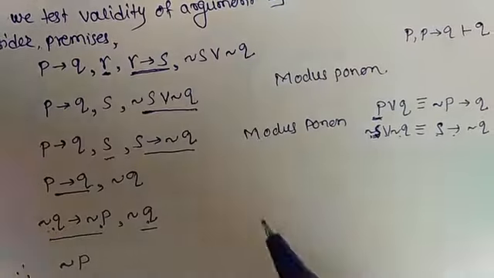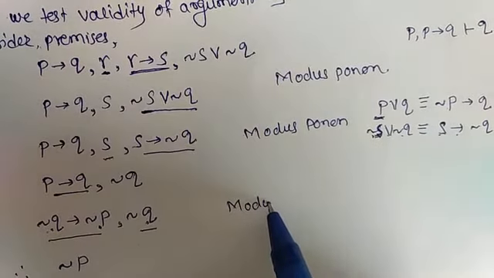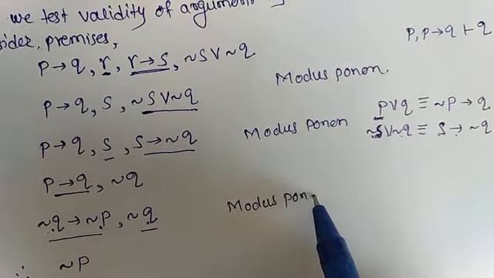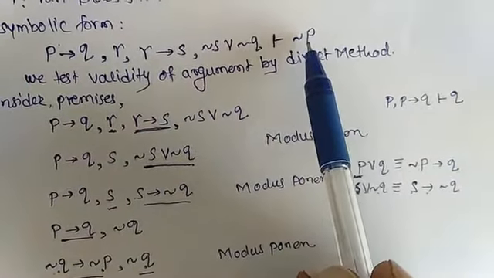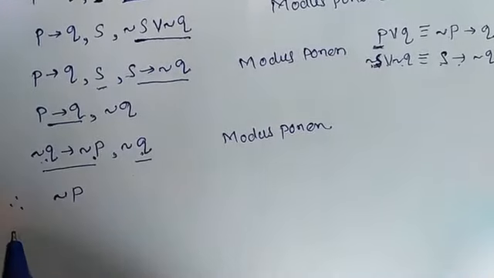So here we get, again by modus ponens only, negation P, and in the argument it is also negation P. So we are getting the conclusion.